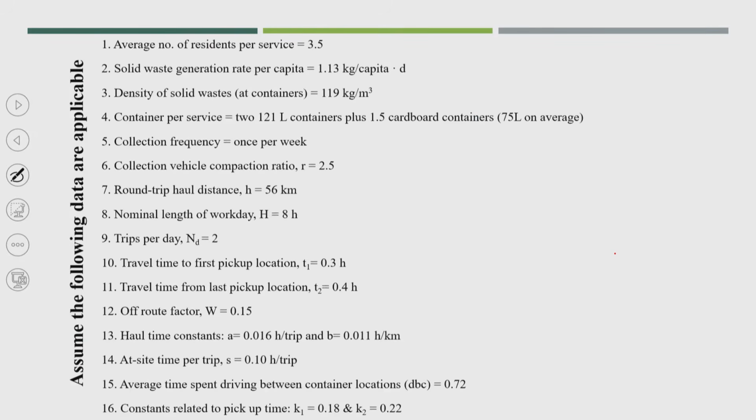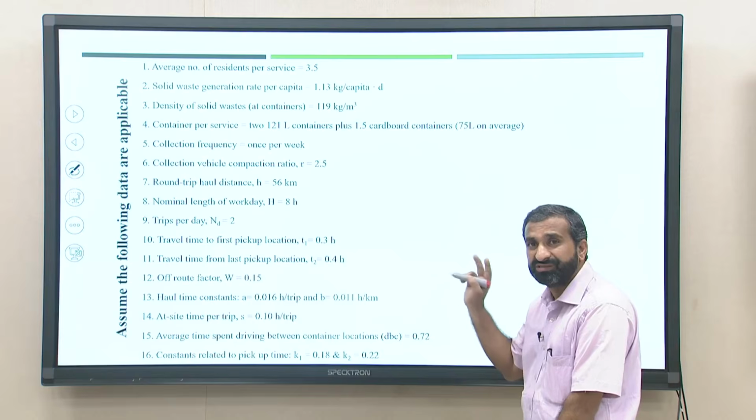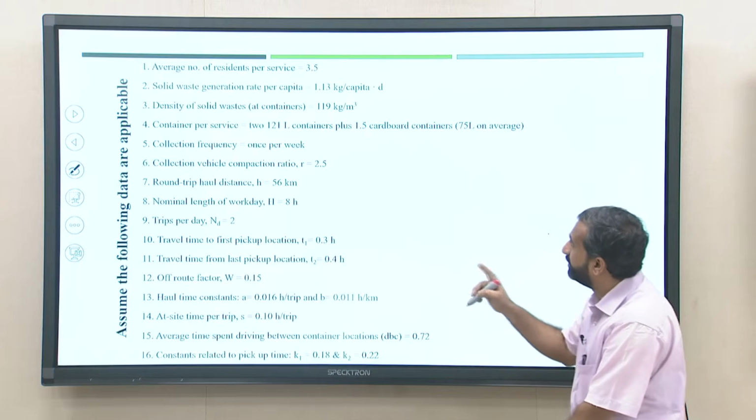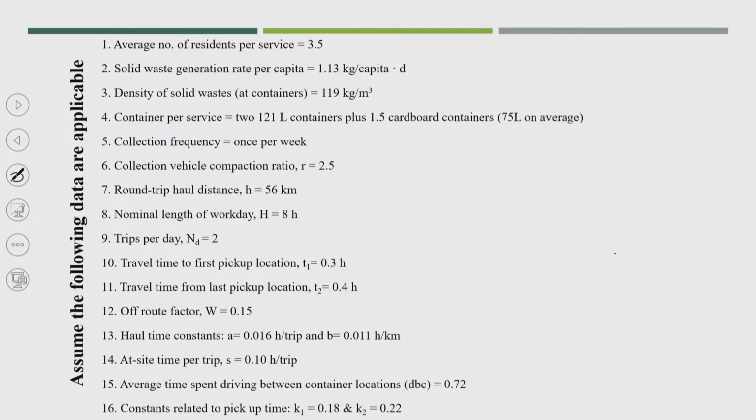These are the data: the average number of residents per service is 3.5. So, the number of houses is 1000 and the average number of residents per service is 3.5. The solid waste generation rate per capita is 1.13 kg per capita per day, which is very high. Maybe this data is from Japan or some developing countries.